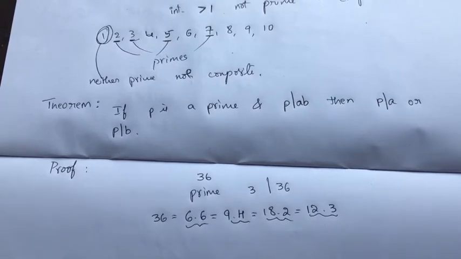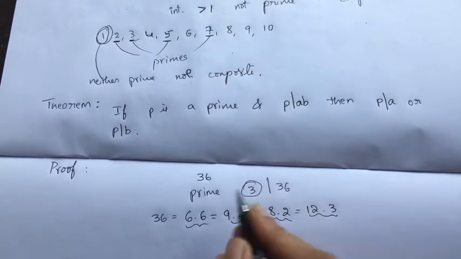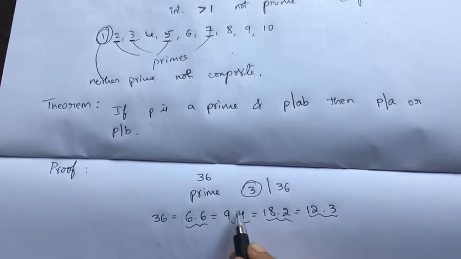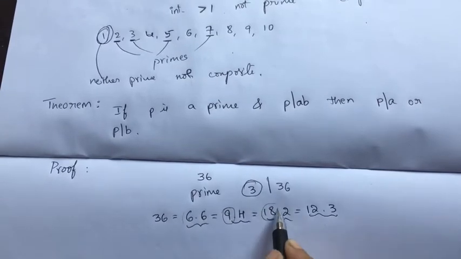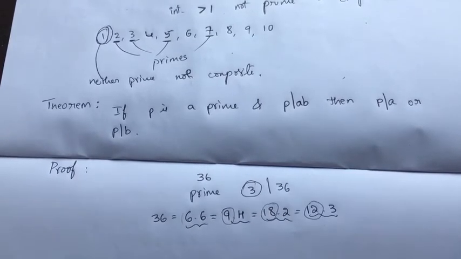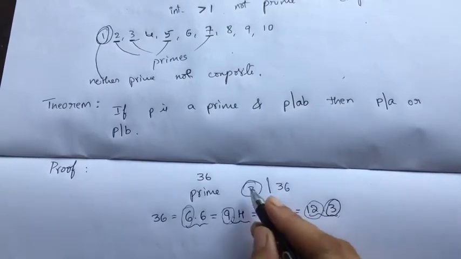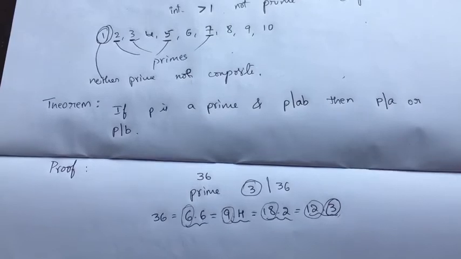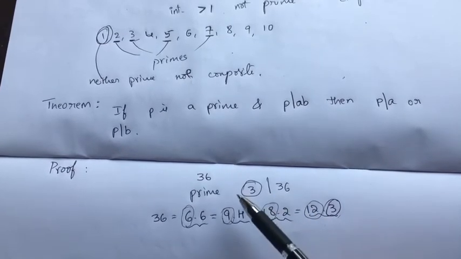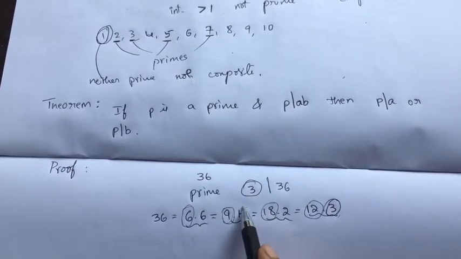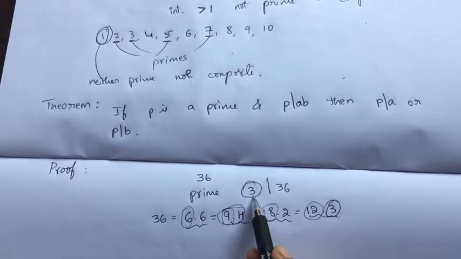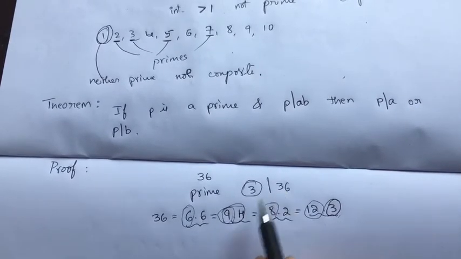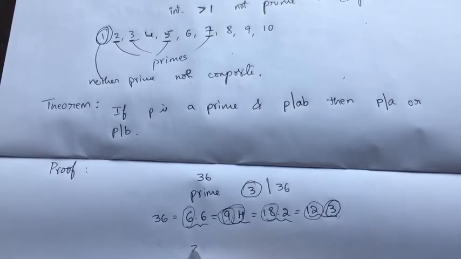Of course 3 divides 6, 3 divides 9, 3 divides 18, 3 divides 12, 3 divides 3.